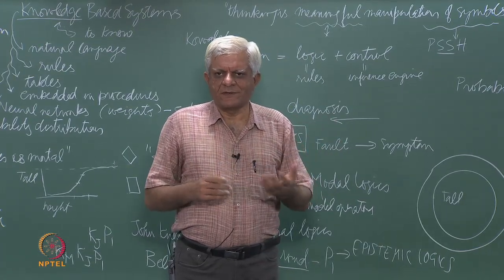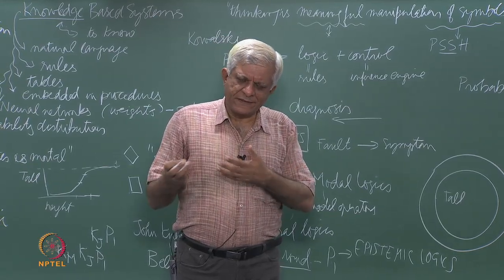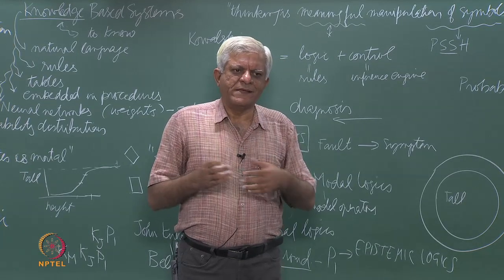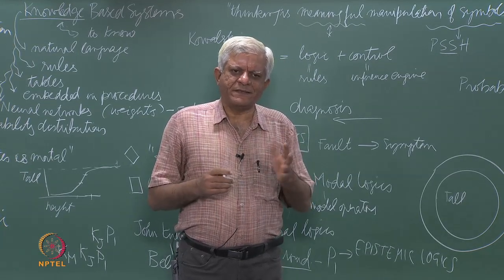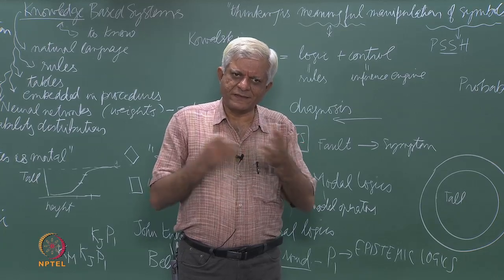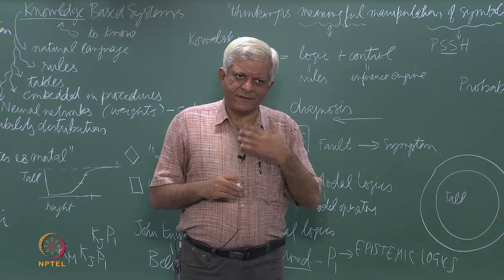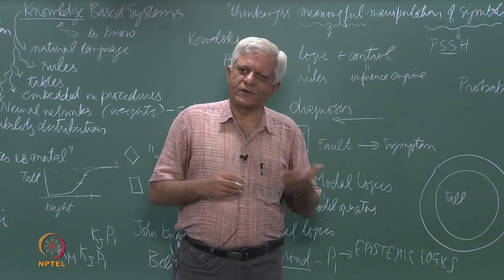So, of course, you know that when you throw a dice, you say the chance of it falling 1 or 2 is 1 by 3. It simply says that because I cannot say what it is going to fall in the future, I just use probability as a mechanism for expressing my lack of knowledge about what really is the case.